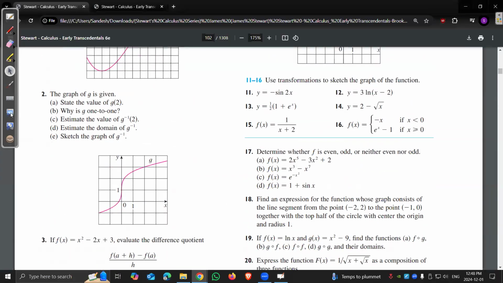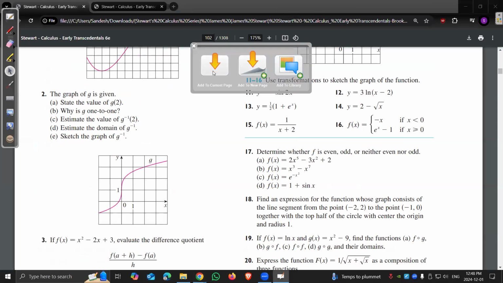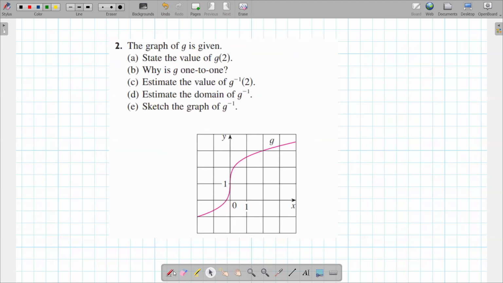Okay, now let's talk about this. What does this symbol imply? Is that the reciprocal? What does that symbol even mean?